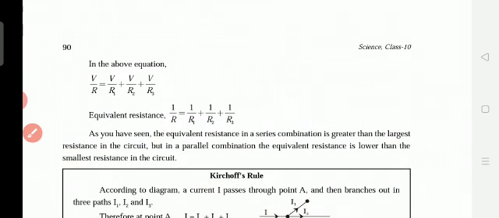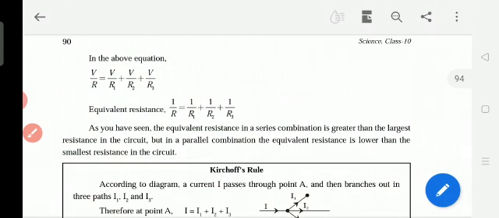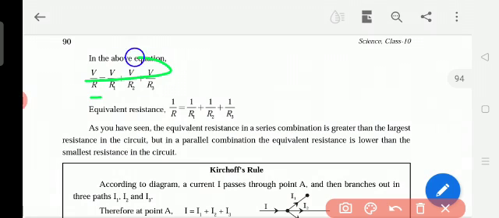So V by R is equal to V by R1 plus V by R2 plus V by R3. Therefore 1 by R is equal to 1 by R1 plus 1 by R2 plus 1 by R3, because the potential difference is the same in all three resistors, but the flow of current is different.